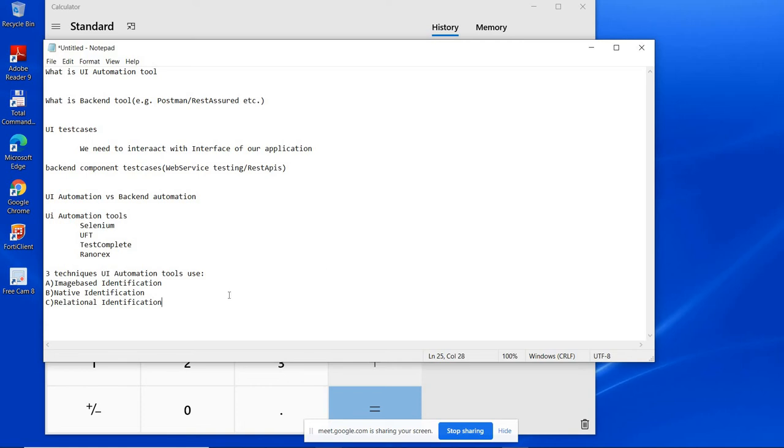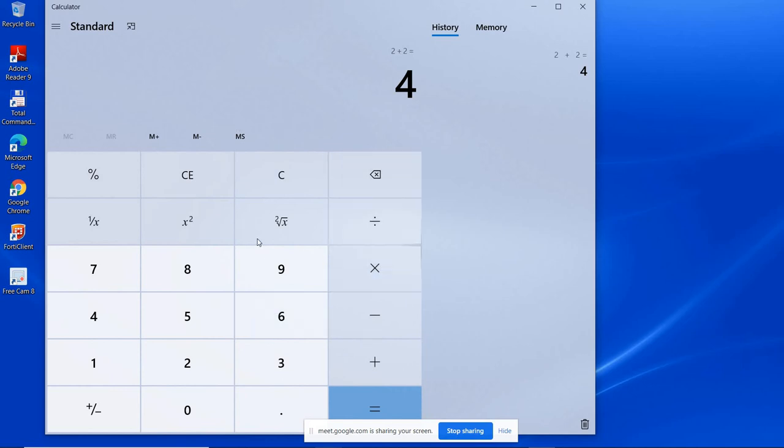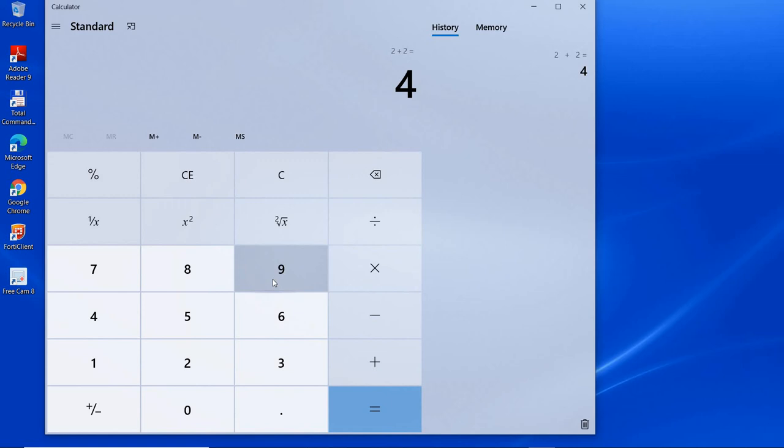Okay. So what is image based identification? Now my automation tool wants to identify the element first on the screen. So how would it identify? First technique, image based. So in image based, what the tool does is, at the time when we want our tool to identify this element for the purpose of our test case, we have to capture the image of this and give that image to the tool.